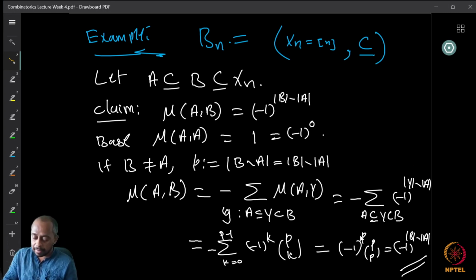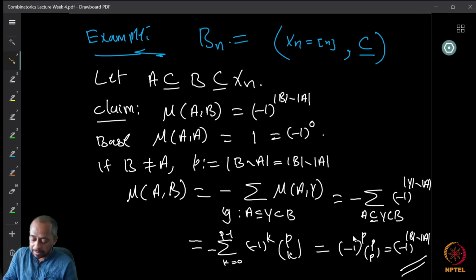And what is that? Now you can verify that this sum is precisely the binomial expansion of 1 minus 1 whole raised to p, except the last term, with a minus sign.